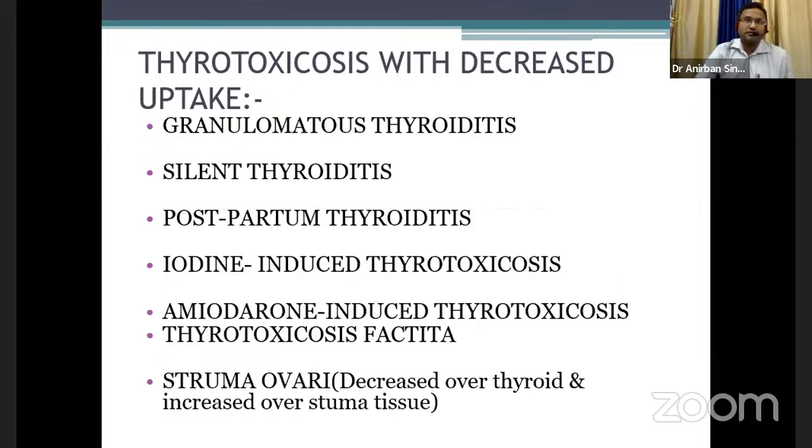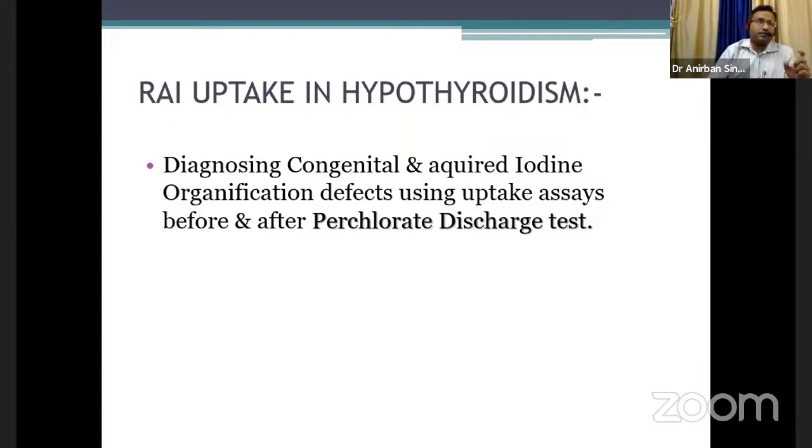In inflammatory thyroiditis, where the thyroid is actually destroyed, uptake is low but thyrotoxicosis is there, as in struma ovarii thyrotoxicosis and iodine-induced thyrotoxicosis with low uptake. That is an important item in our hands.